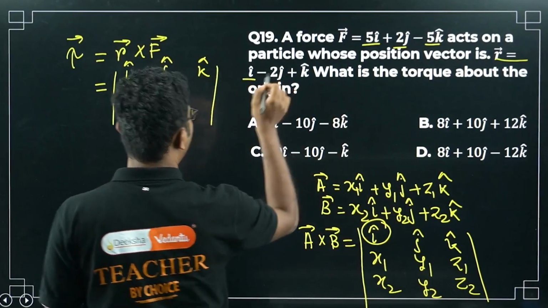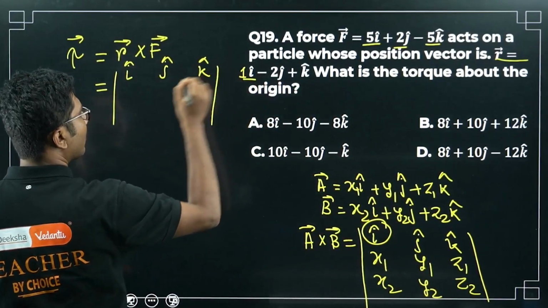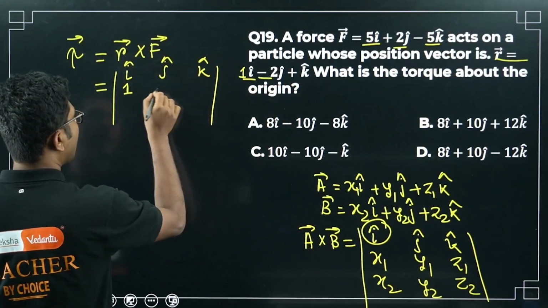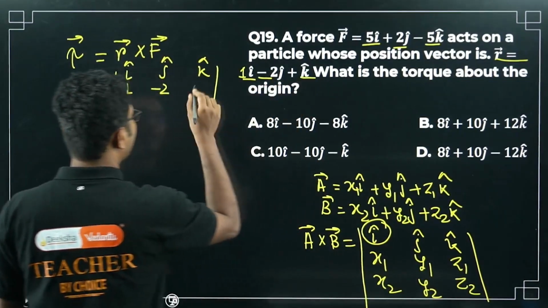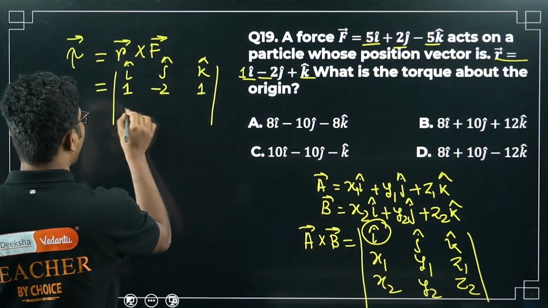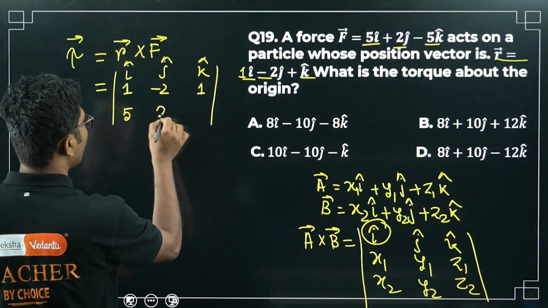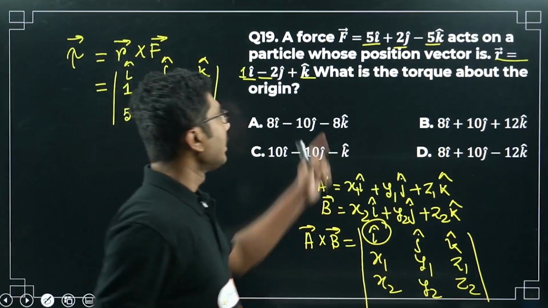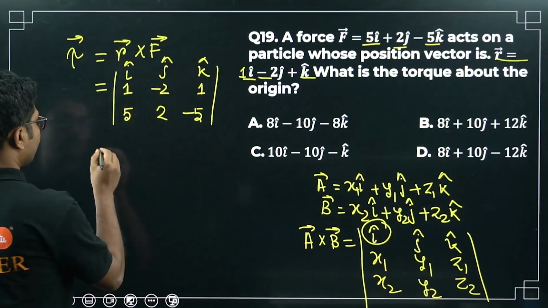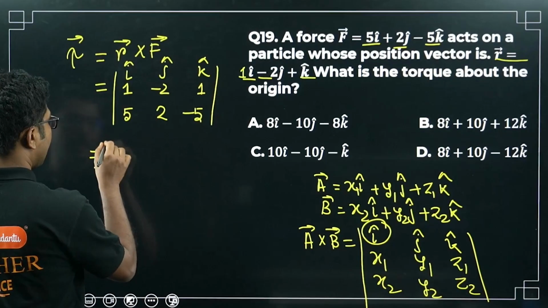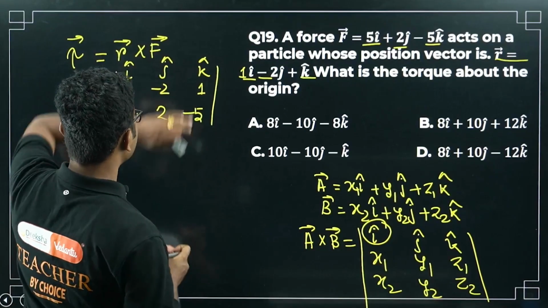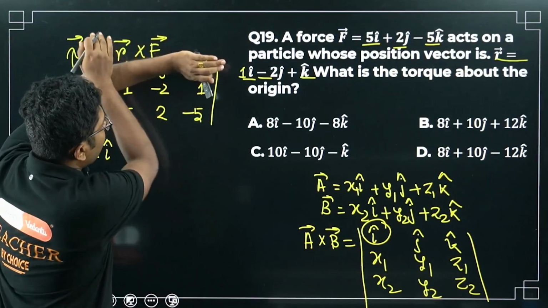Now write the F vector: 5, 2, minus 5. Row one is i cap, j cap, k cap, row two is 1, minus 2, 1, and row three is 5, 2, minus 5. Now for the first term, i cap, we cover the entire top row and the first column.